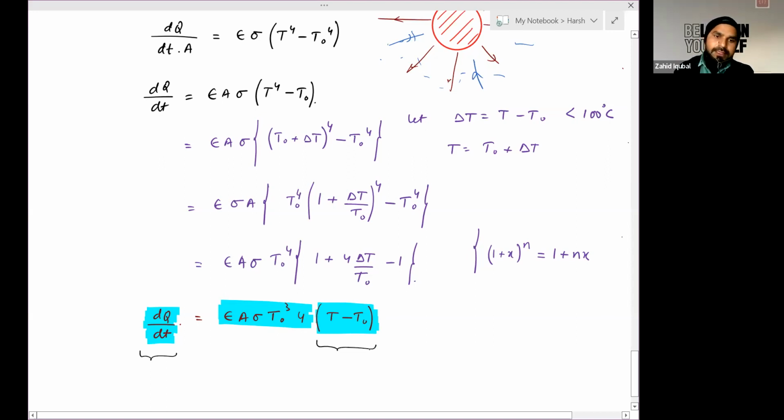And this is the temperature difference of body and surrounding. And this is any constant term. So from this part, we may define Newton's law of cooling. It states, if a body is kept in cold surrounding, the rate of heat lost by it will be directly proportional to the temperature difference of body and surrounding. Is it clear? Yes, sir.